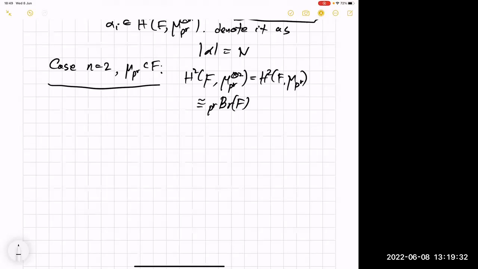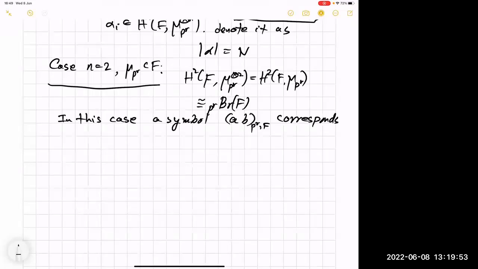So symbols correspond, in this case, a symbol {a, b} of degree p^r over F, corresponds to the symbol algebra, also denoted like this, [a, b)_{p^r, F}.